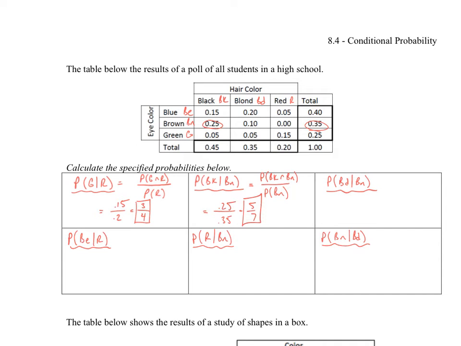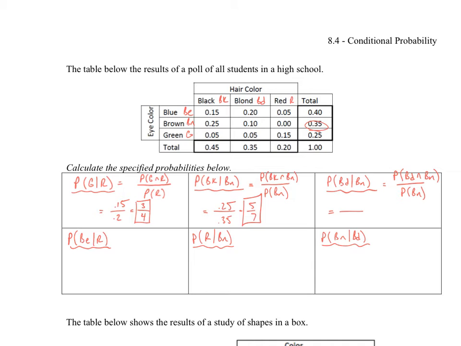All right, let's do another one with the formula. To calculate the probability that someone has blonde hair given that they have brown eyes, my denominator is going to be the probability of people who have brown eyes. And of those people who have brown eyes, how many of them have blonde hair and brown eyes? Okay, so we start with our denominator, which is just the brown-eyed people. And let me erase my work from the last example.